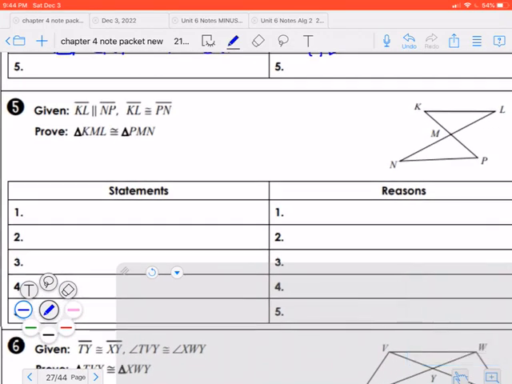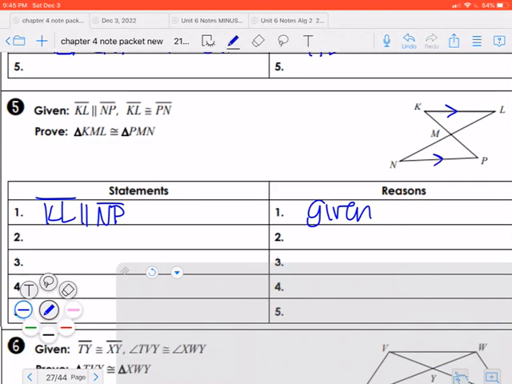Okay, we're supposed to prove that KML is congruent to PMN, top triangle to bottom triangle. And our first statement here, KL is parallel to NP. Given. So KL is parallel to NP. I'm marking that on there.